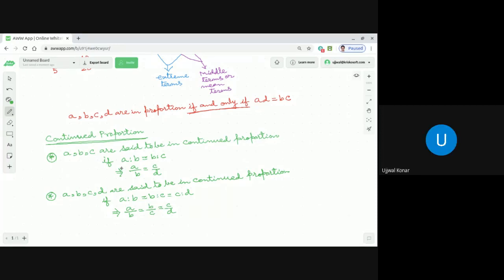So one if should be there. So this is all about continued proportion.